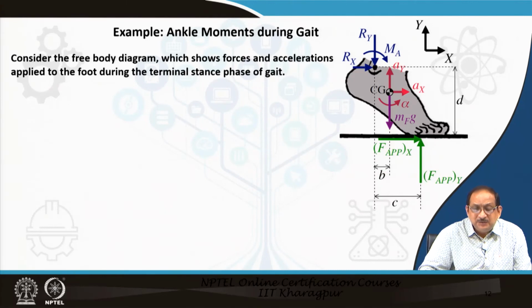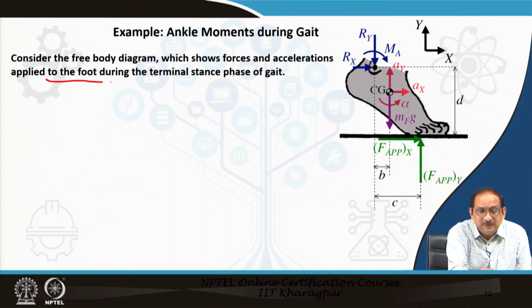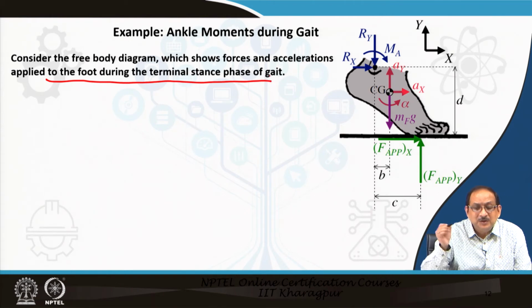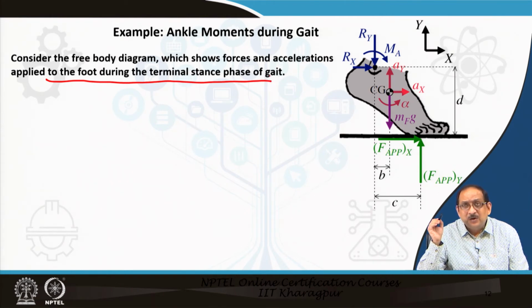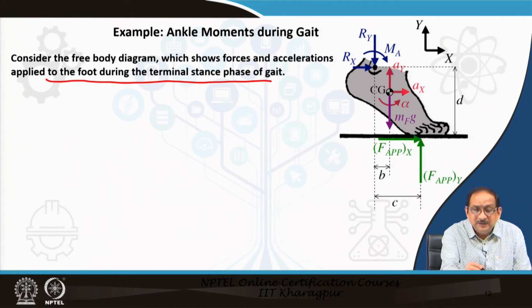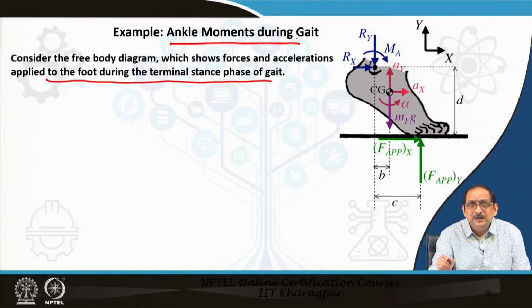Let us consider the free body diagram, which shows forces and acceleration applied to the foot during the terminal stance phase of a gait cycle. So, we are interested finally to determine the ankle moments during this gait instant.